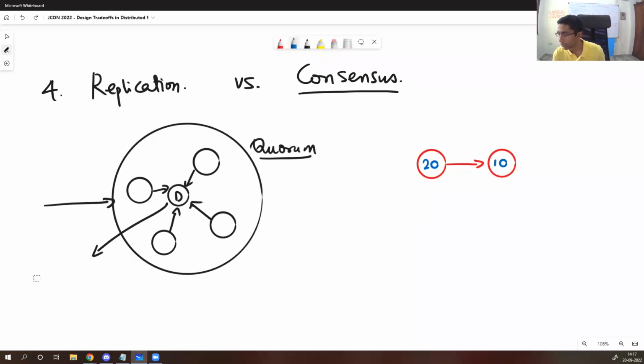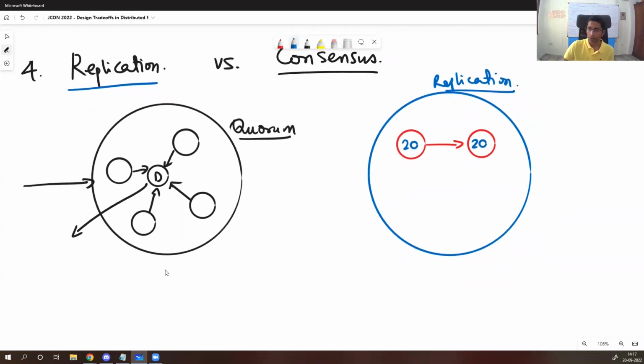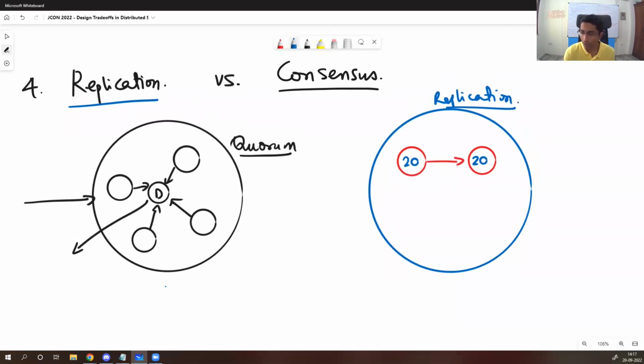And then this is going to convert to 20. I think a lot of you are thinking about write-ahead logging and a lot of the other stuff through which you can handle this. But for now, let's look at this simple idea of replication only. Okay. So consensus or replication.